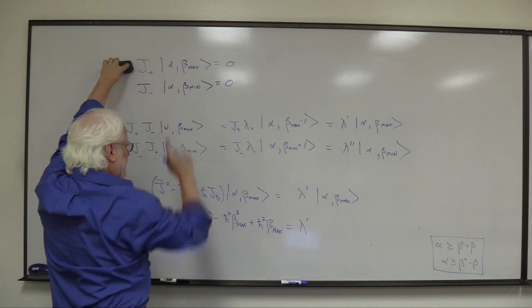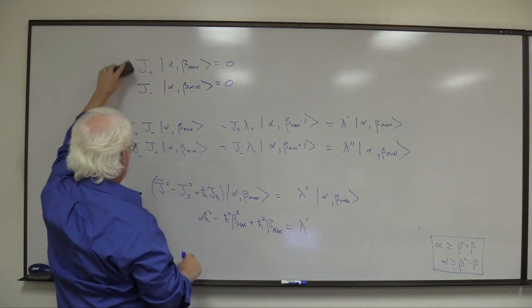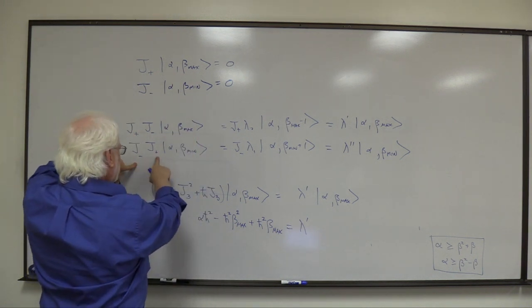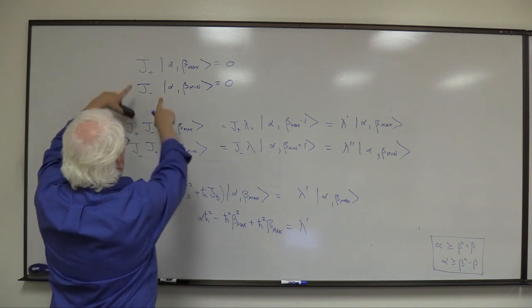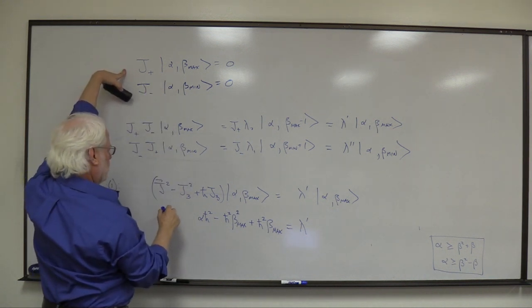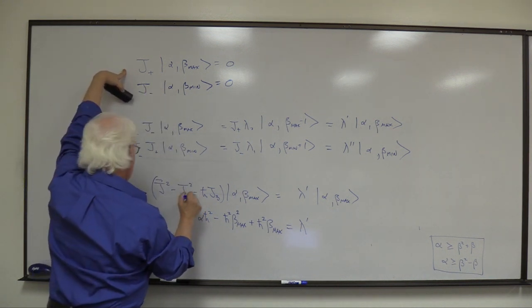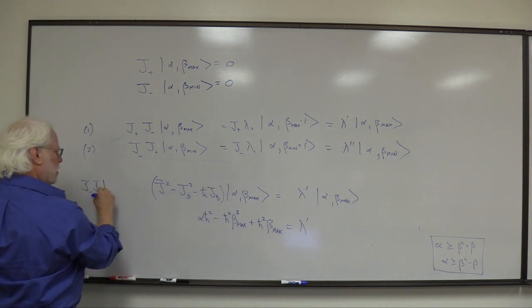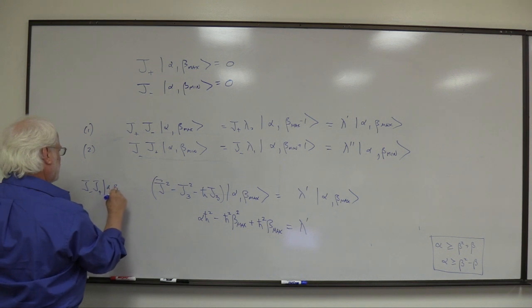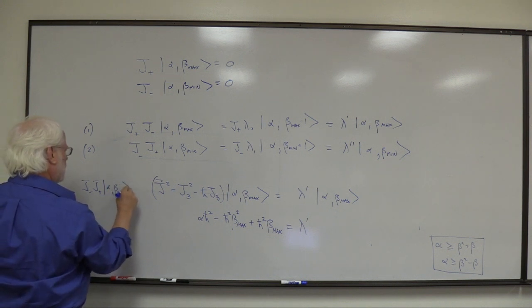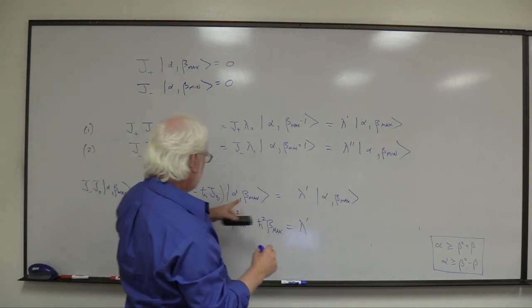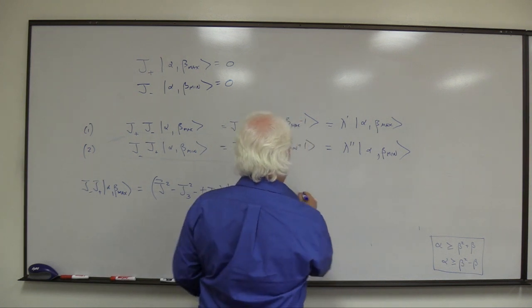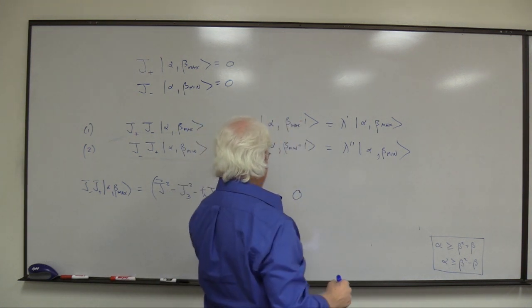J plus on this state is 0, so J minus J plus on that state is 0. So J minus J plus on alpha beta max is equal to 0. That's a better identity.